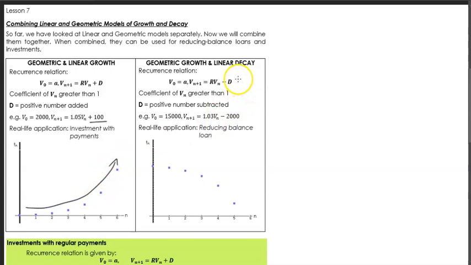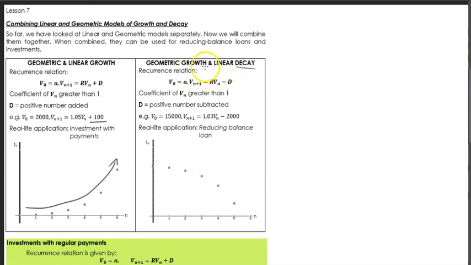For geometric growth and linear decay, the recurrence relation is exactly the same. There's only this minus d that's tagging along. But usually, we're so used to geometric decay having a common ratio value r being a number between 0 and 1.